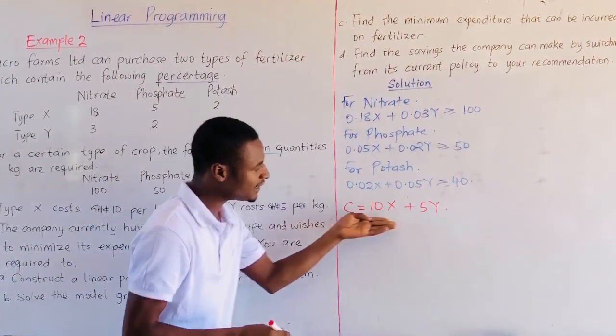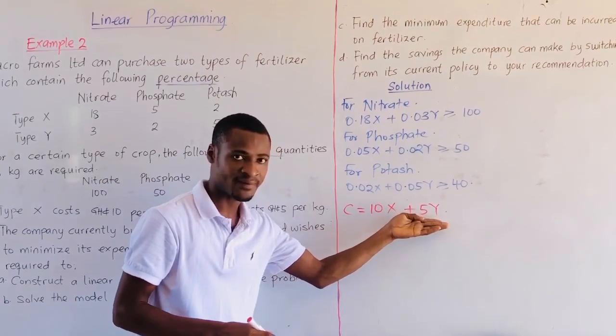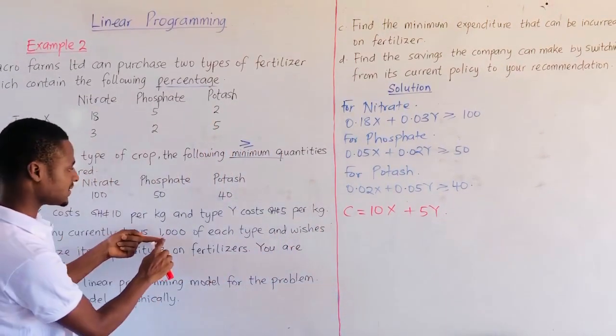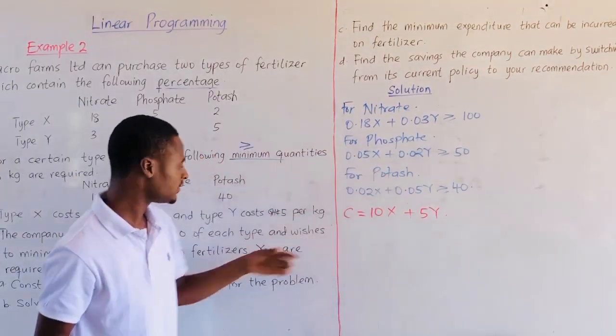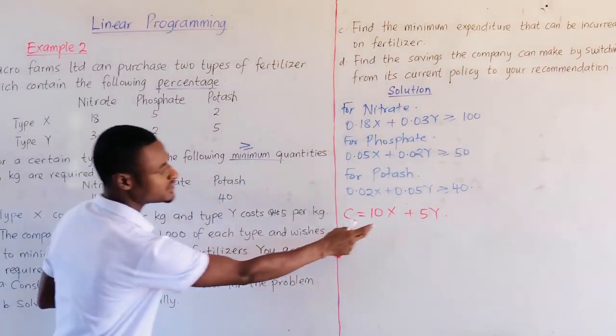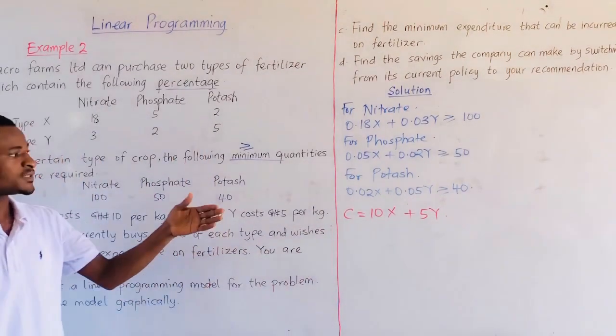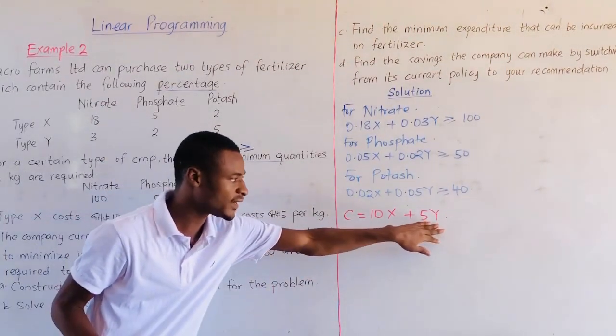This is the total expenditure on fertilizer. Now the company buys 1,000 of each type, but we want to use a linear programming model to minimize this cost, and that is our optimization of the objective function.